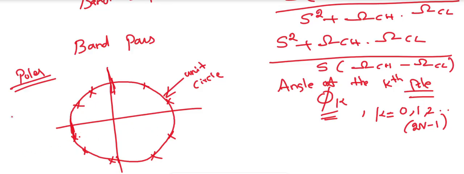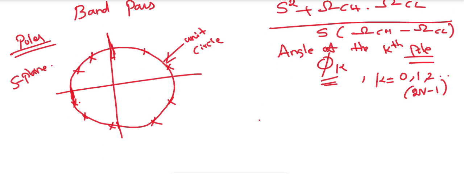This is the S-plane. If the angle of the kth pole is denoted by phi k, all of these are located on the circumference of the unit circle in the S-plane. n may be odd or n may be even.